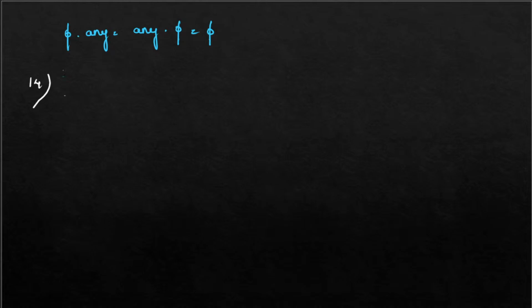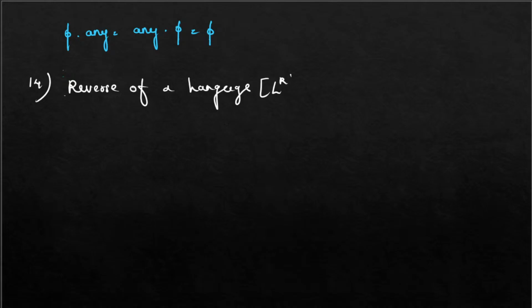Okay, now let's concentrate on reverse of a language. So the 14th is reverse of a language. So till this time, let me see if anyone has any doubt. No doubts, everyone? Okay, so let's move ahead. Reverse of a language means L^R. This is how we denote reverse of a language.